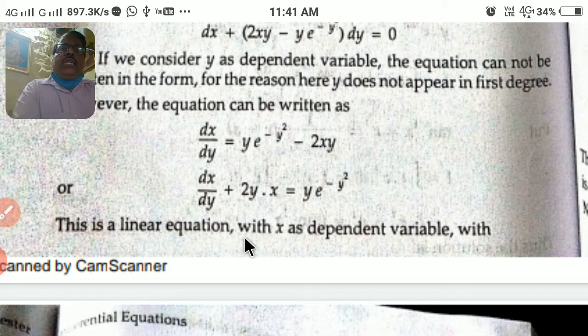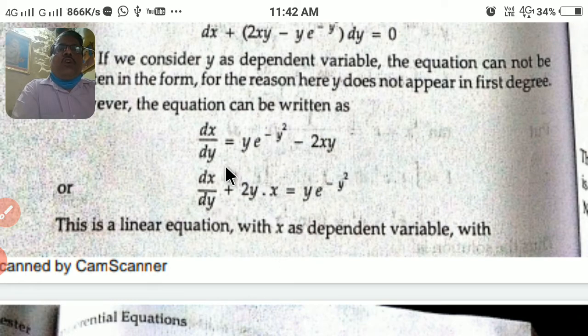Now this is a linear equation with x as the dependent variable and y as the independent variable. So we bring it into this form, dx by dy plus 2xy is equal to y into e raised to minus y square.